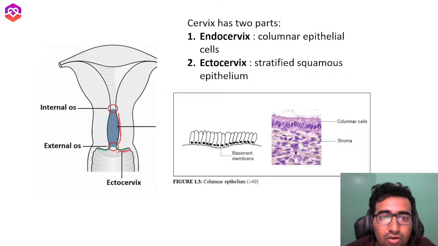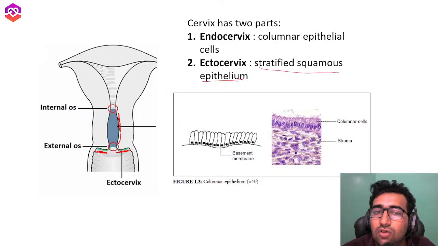This is ectocervix. These two places, you can see in green color, I have shown with green color here. Ectocervix and endocervix are the parts of cervix. Ectocervix is lined with one kind of cells, and endocervix is lined with another kind of cells. Ectocervix, just like vagina, is lined with stratified squamous epithelium, but endocervix has columnar epithelium.